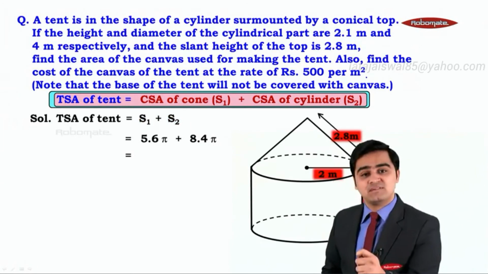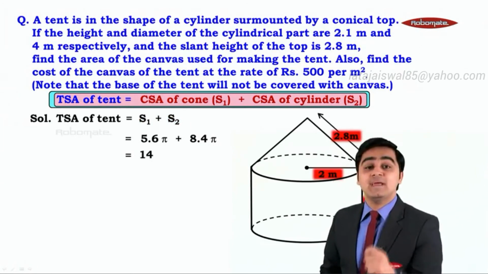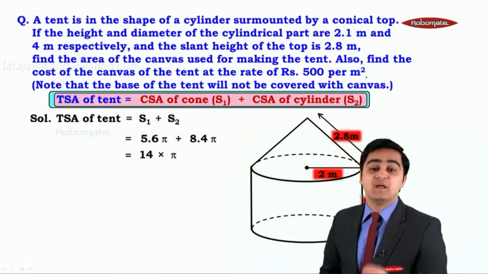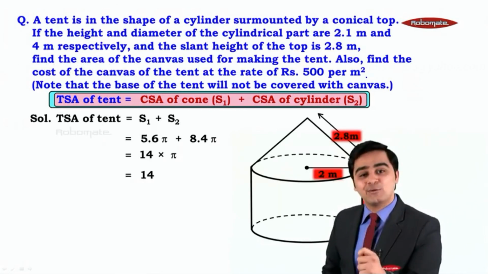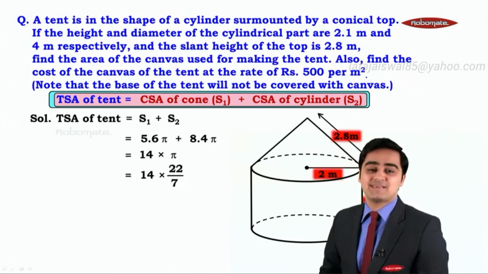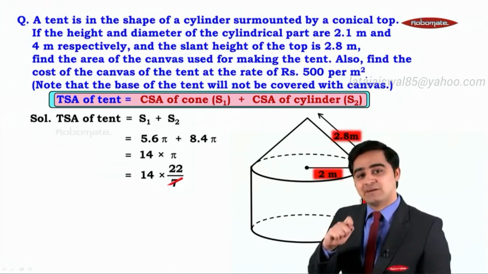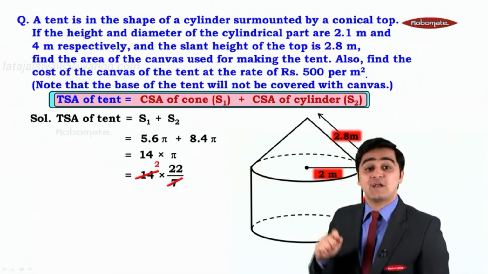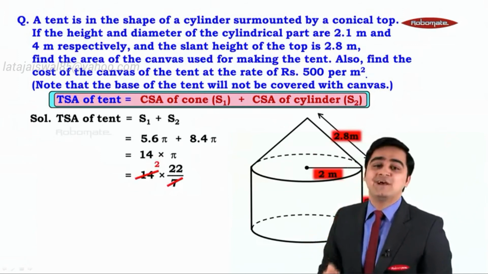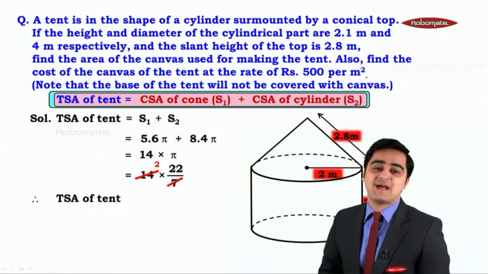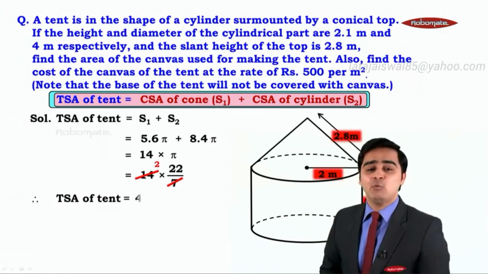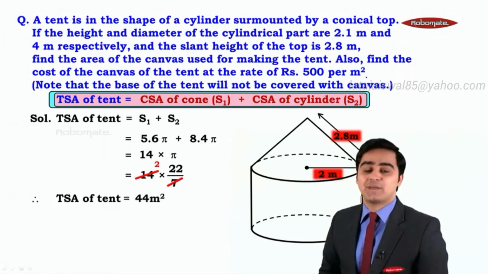Observe, 5.6 pi plus 8.4 pi is equal to 14 pi. We know that pi is equal to 22 by 7. So we have the next step equal to 14 into 22 by 7. Let us do the calculations. 7 ones are 7, 7 twos are 14. Now 2 into 22 is 44. So we have total surface area of the tent equal to 44 meter square.